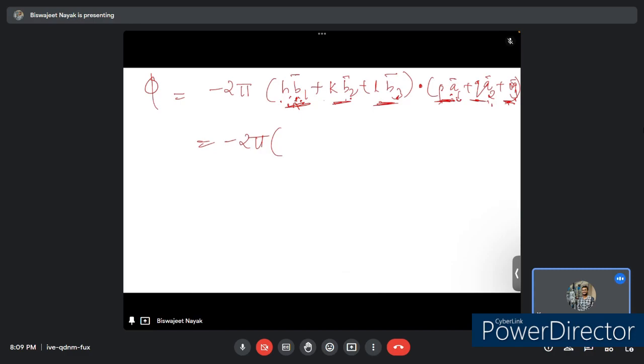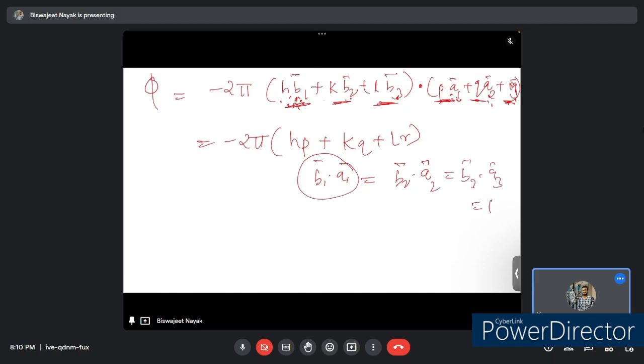Similarly a1, a2, a3 are perpendicular to each other in three different directions. So here only the HP plus KQ plus LR terms will remain and other terms will cancel out. These three terms will remain.